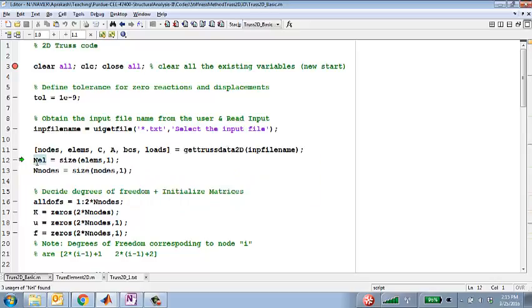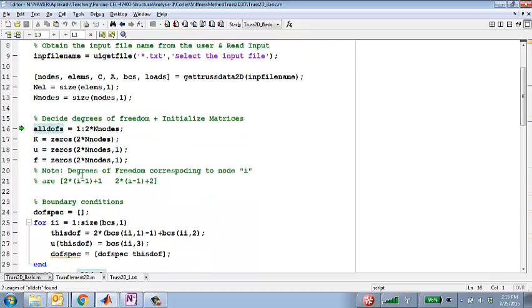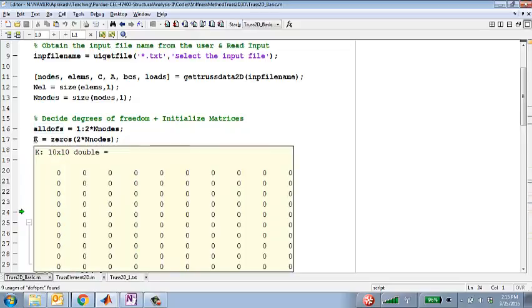The next 2 lines just calculate the number of elements and nodes. So execute both those. Number of elements is 7. Number of nodes is 5. And what I want to do next is create a big empty matrix of K, U, and F. So this K right now is a 10 cross 10 matrix of all zeros.